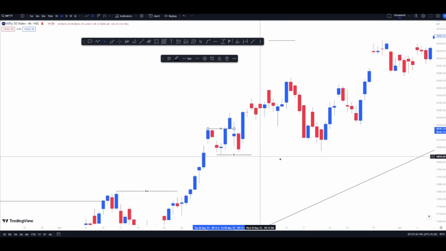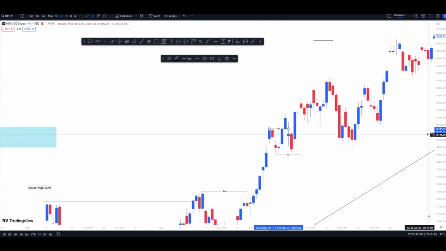Market structure is very important, because the main thing you look for in price is the trend of the market. You need an understanding of how price goes. Is it going up or down? Are we actually trending or just consolidating?